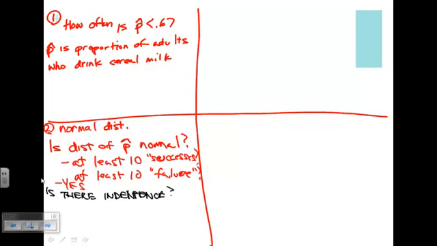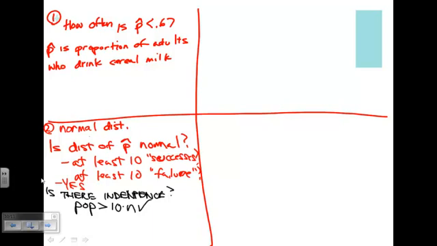Abby says population is at least 10 times the sample. The population is all American adults. Our sample size is about 1,000. Is it reasonable to think there are at least 10,000 U.S. adults? Yes. Not even restricted, all adults. Sure. Population is indeed greater than 10 times the sample. Check mark. That means we can use that formula for standard deviation.